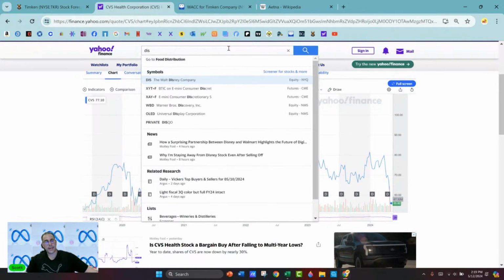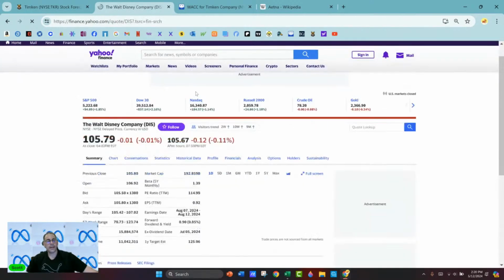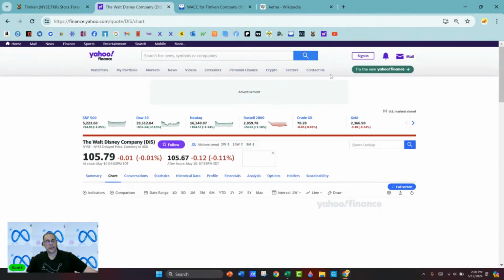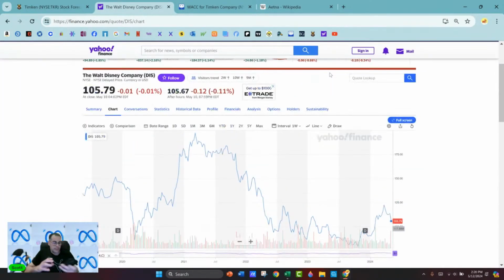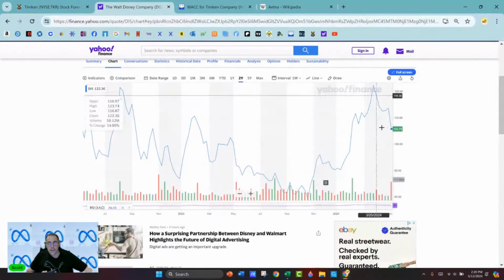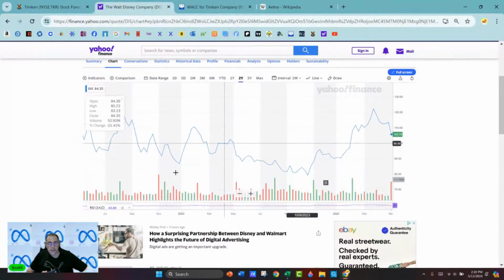Yeah, I felt the same with Disney, and it's going okay. I got Disney at 80. Let's see, when did I buy Disney? At 86. I got it right here in August. No, that's 22.